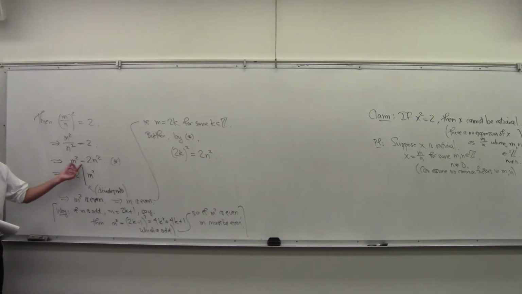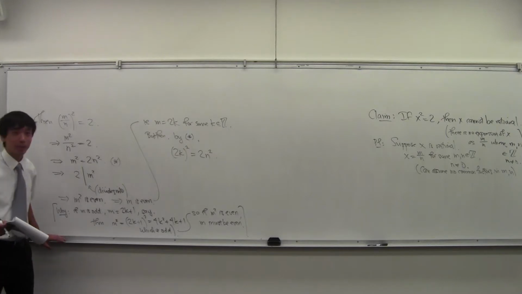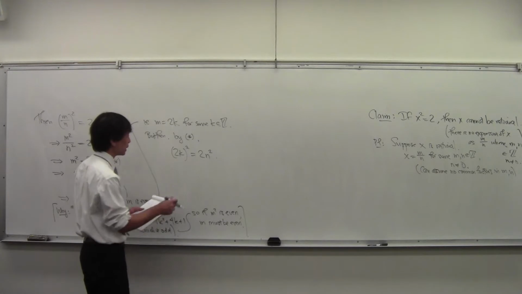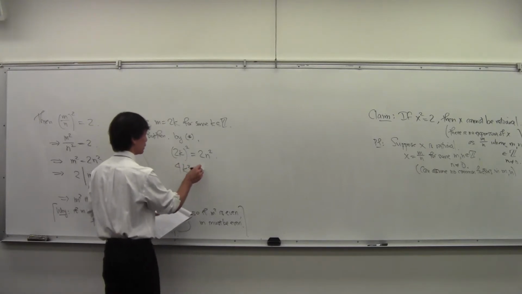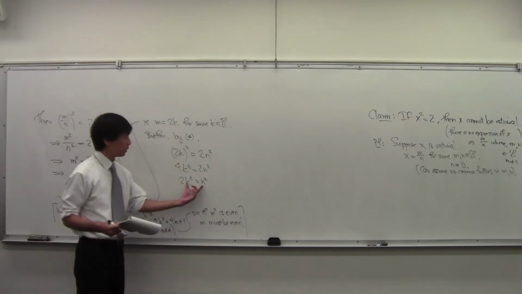Because m squared is equal to 2n squared. Okay. Does anybody see where we're headed with this? We reach a contradiction. What will be the contradiction, Marco? Well, we will have a common factor. Yeah, we'll end up with a common factor. So you see what's going to happen. We get 4k squared is equal to 2n squared. In other words, 2k squared is equal to n squared, right? So what does that tell you?